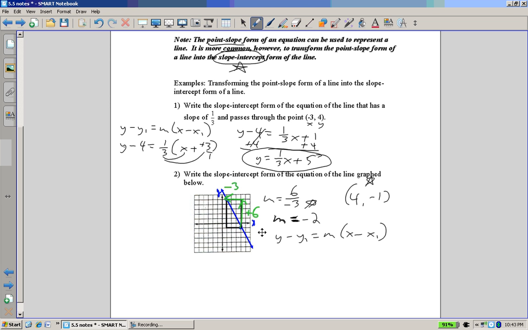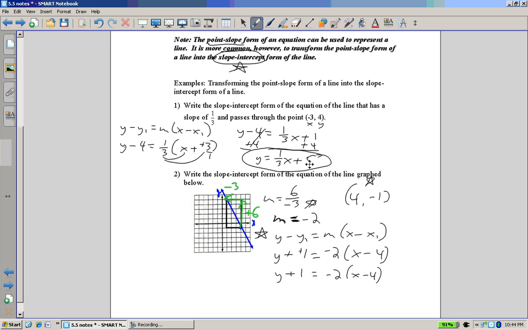Very important that you memorize this formula. If you don't, then this whole process is going to be very strained. y minus y1, which is negative 1, equals m, which is negative 2, times (x minus x sub 1). Keep change. So we have y plus 1 equals negative 2 times (x minus 4).